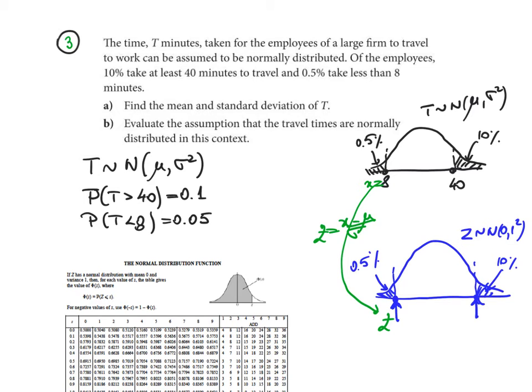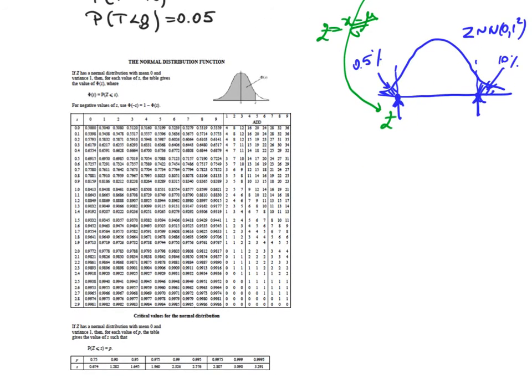I'm looking for the area to the left of 0.5% first in order to find this point here. But if you look in my table of values, all areas start from 50% or above. So what I need to do is imagine that if I want the point here for the standardized normal z, the mean is 0.